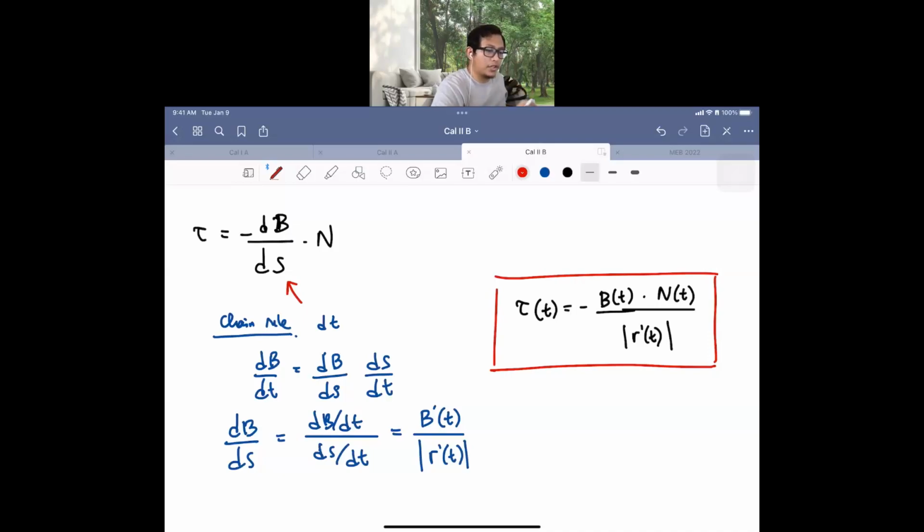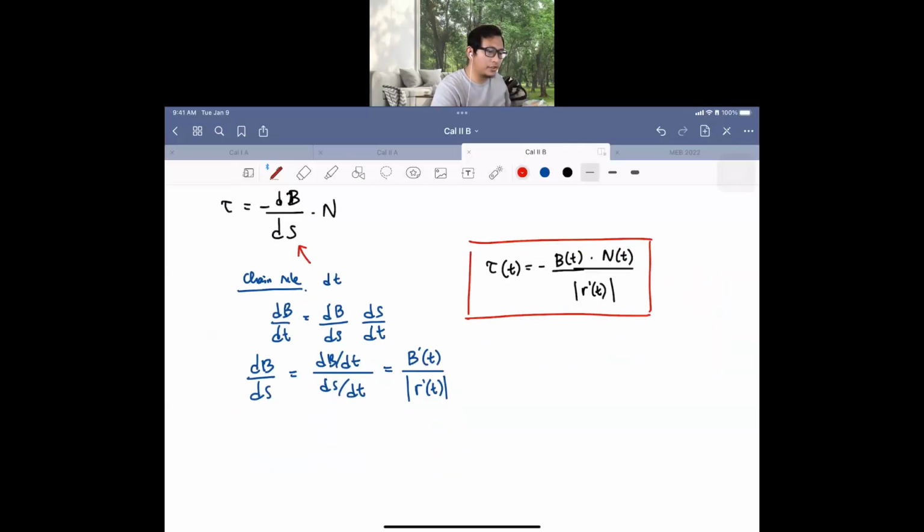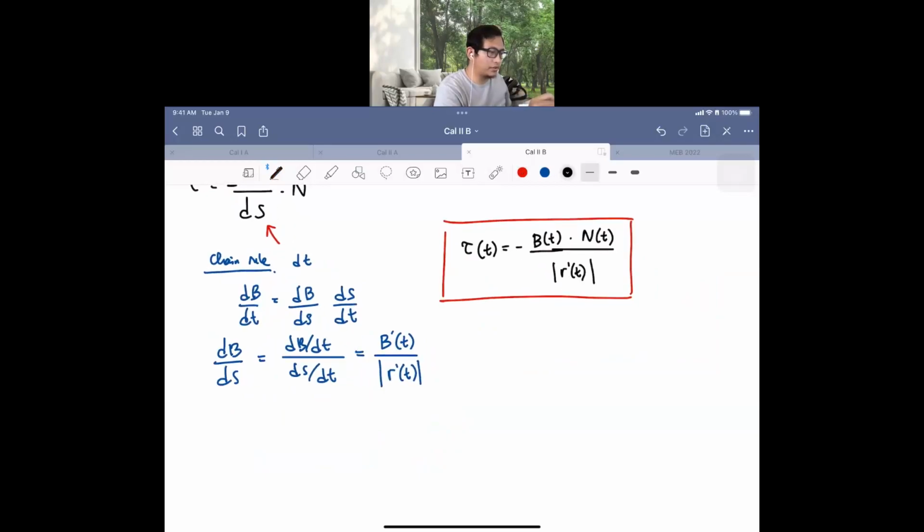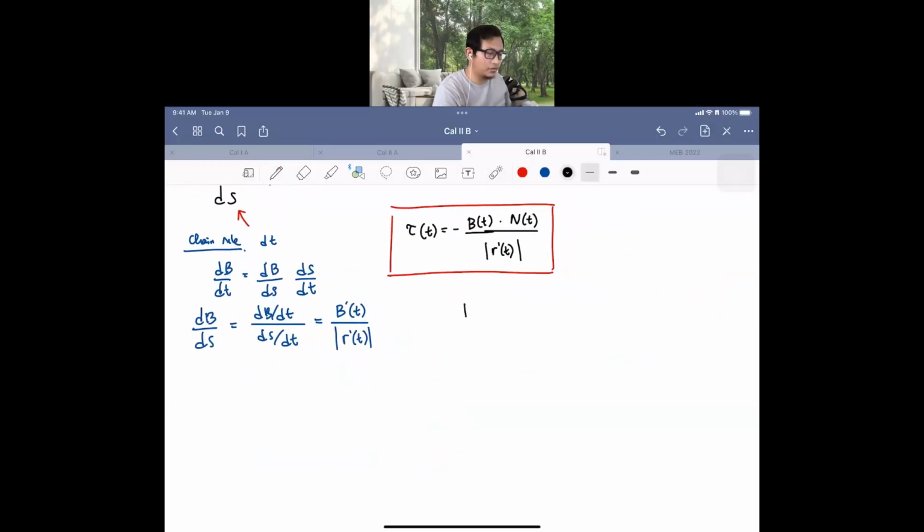So what's the implication of torsion? If I check the drawing, let's say we have a circle on this xy plane, x squared plus y squared equals 1.